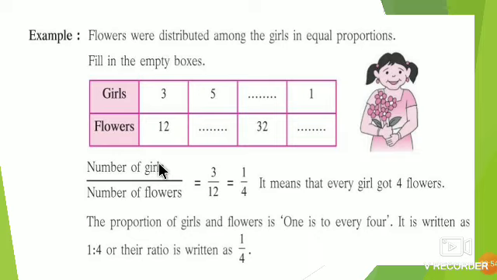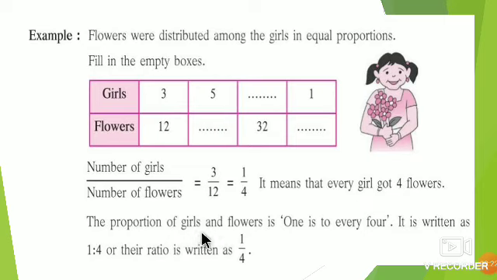So number of girls upon number of flowers, 3/12, is equal to 1/4 after dividing. 3 ones are 3 and 3 fours are 12. So we will get here 1/4. It means that every girl got 4 flowers, because the number of flowers here is 4 and the number of girls is 1. So one girl will get 4 flowers.